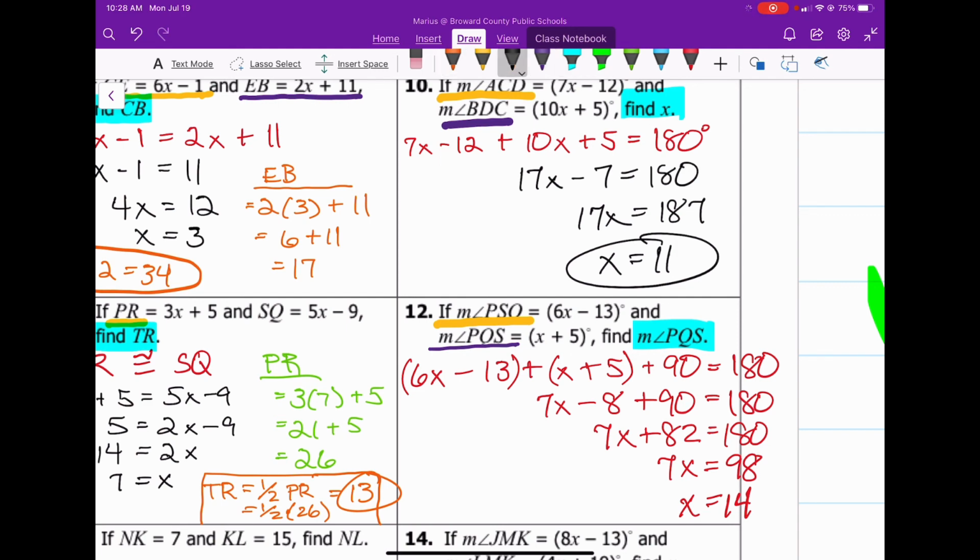So PQS is x plus 5, which is going to be 14 plus 5. X is 14. So 14 plus 5 is 19. So it's going to be PQS is 19 degrees.